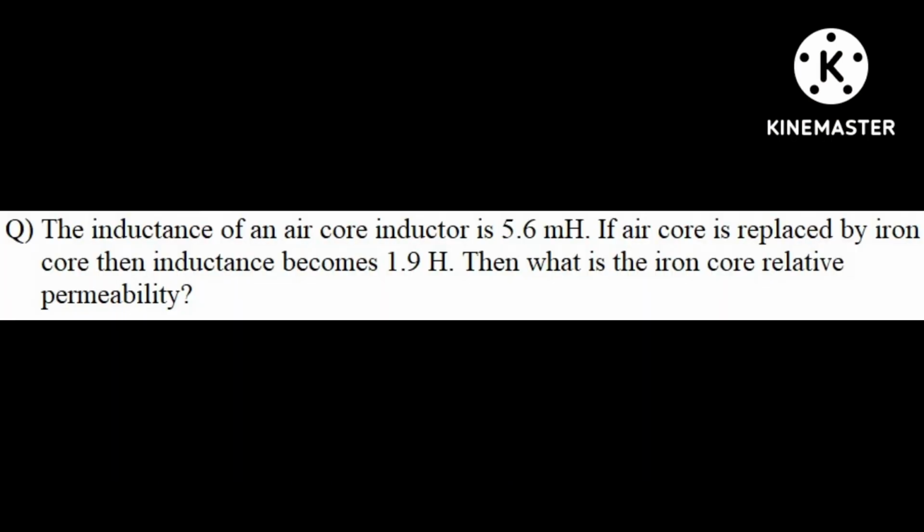Next question: the inductance of an air core inductor is 5.6 millihenry. If the air core is replaced by an iron core, then the inductance becomes 1.9 Henry. Then what is the iron core relative permeability? What is the given data?